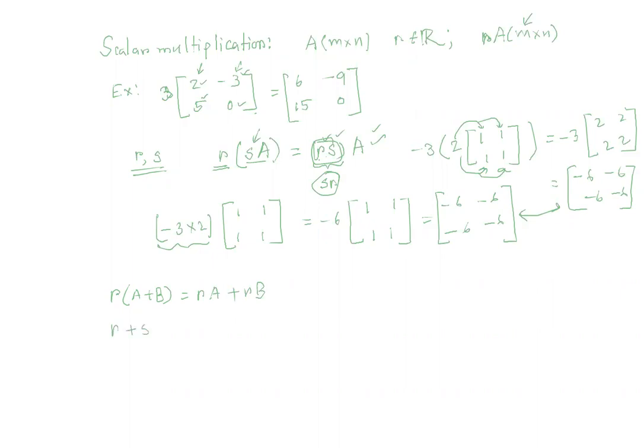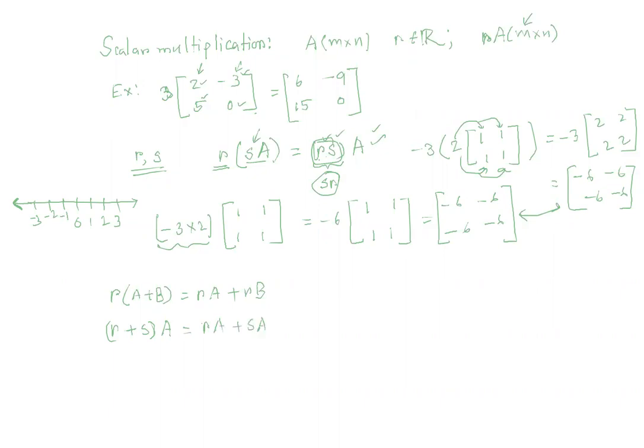Real numbers are numbers coming from the number line. So (R plus S) times some matrix A is the same as R times A plus S times A.